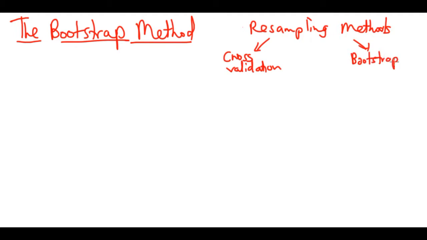For cross-validation, we had the first method, which was just a validation set. We discussed this validation set, and we had leave-one-out cross-validation, and we had k-fold. That's what we were discussing.